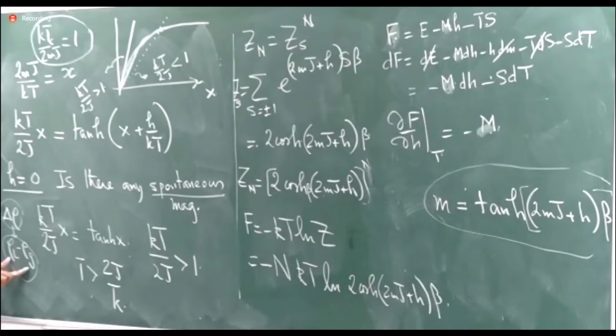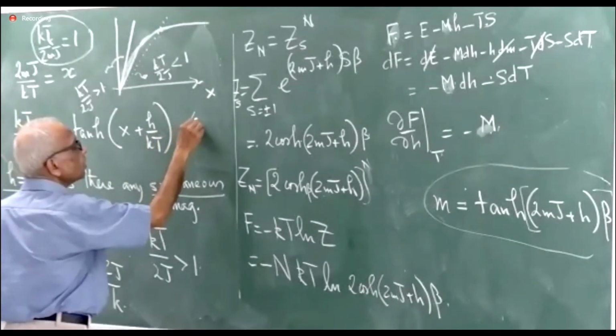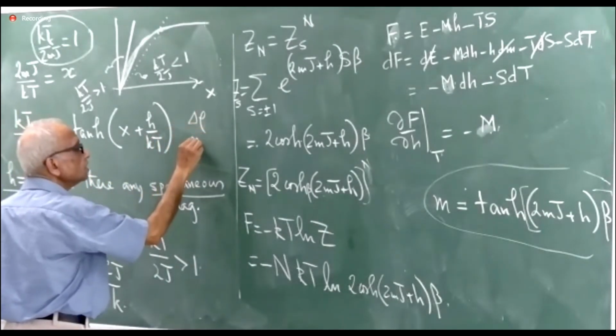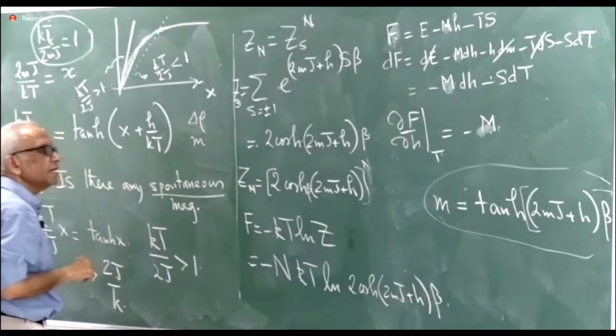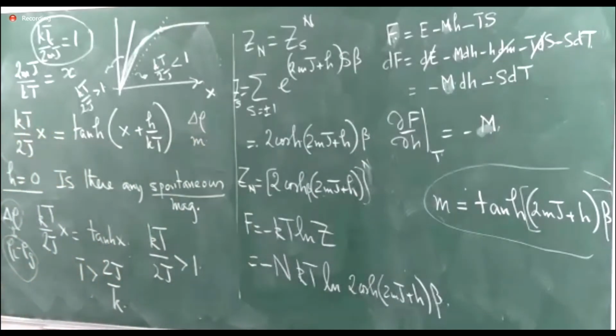It is the analog of the magnetization. The zero field magnetization is 0 above Tc and non-zero below Tc. So the delta rho of van der Waals and the spontaneous magnetization of the magnet are analogous quantities.